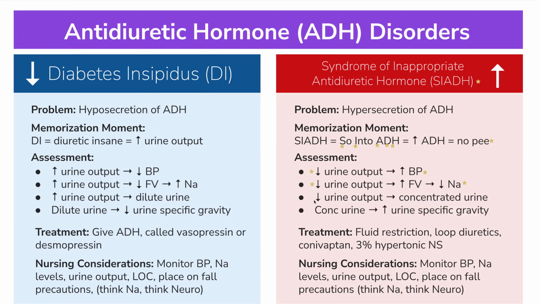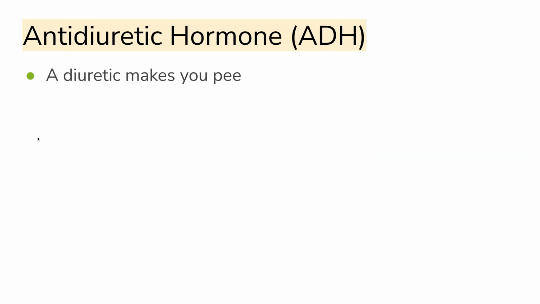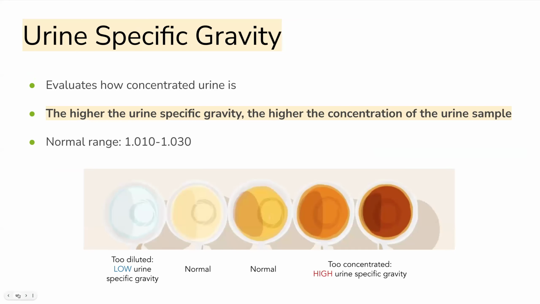Also, they're not peeing. Their urine is very concentrated. The little bit of pee they do pee is very concentrated. So that means they have a high urine specific gravity. So remember the picture we just saw? Let's write this for you.